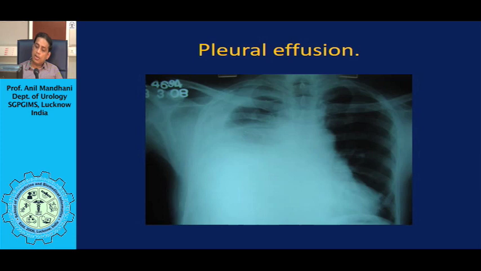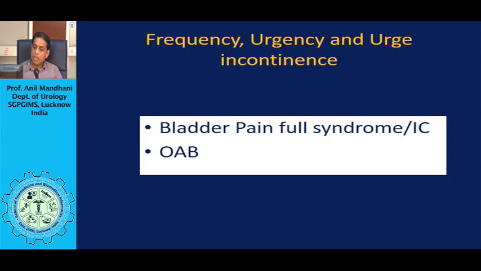So there are lots of combinations available in the market with tamsulosin and alfuzosin. They come alone and in combination with dutasteride. And there is a recent upsurge in use of silodosin, which is considered to be the most potent alpha-1 receptor blocker.